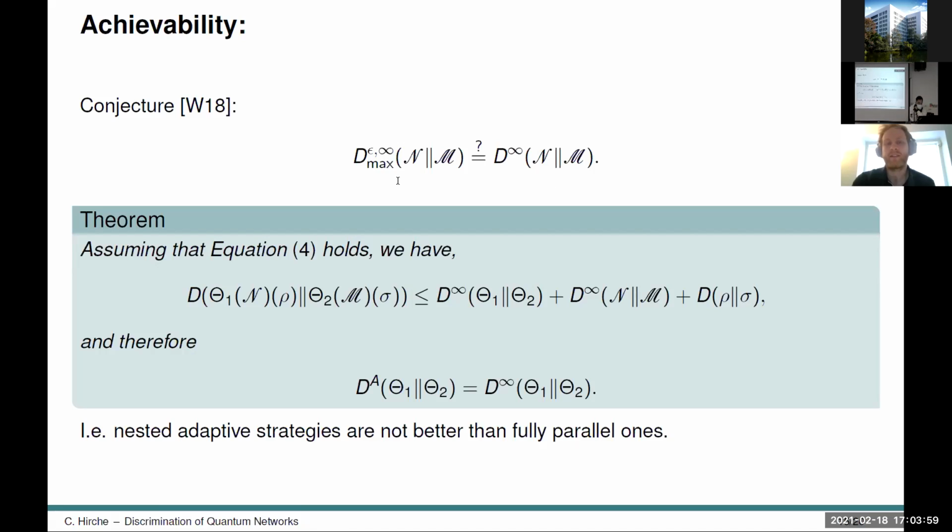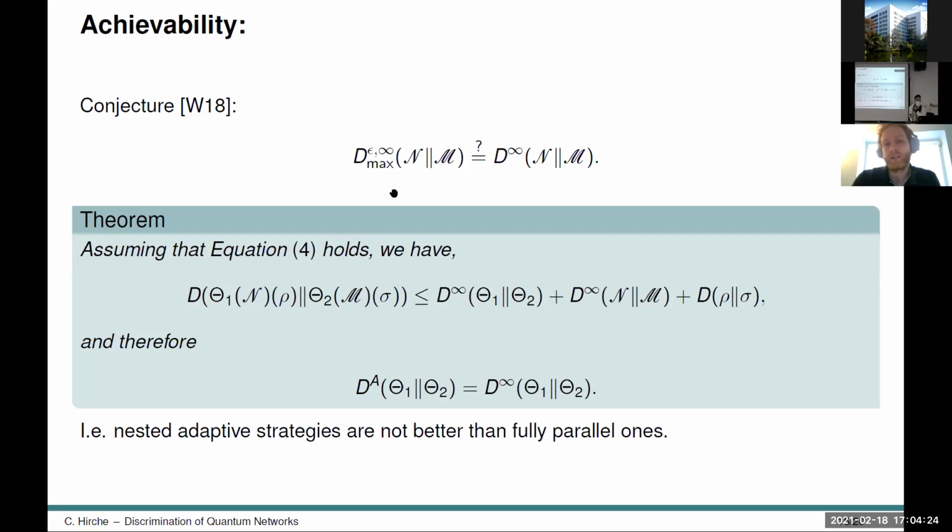And the left-hand side is essentially the same quantity, just that now we replace the relative entropy by a different quantity that is called the smooth max relative entropy, denoted by a smoothing parameter epsilon and the max on the left side. So Andreas Winter conjectured that these two quantities are asymptotically actually the same quantity.